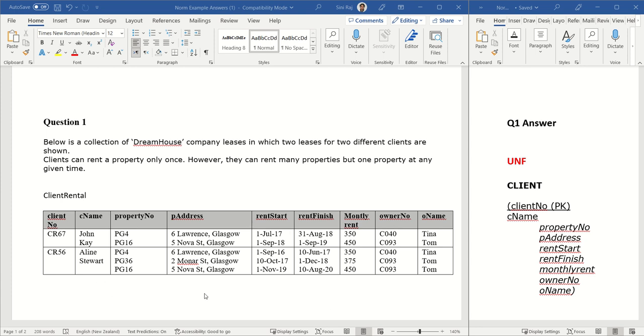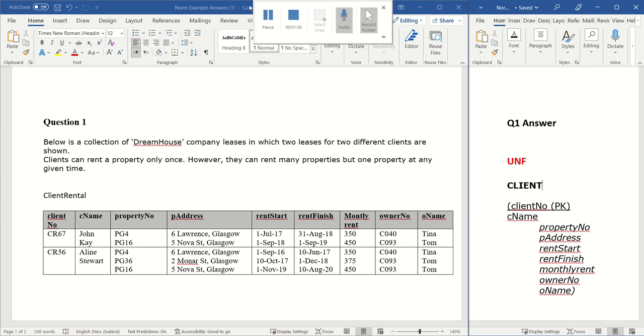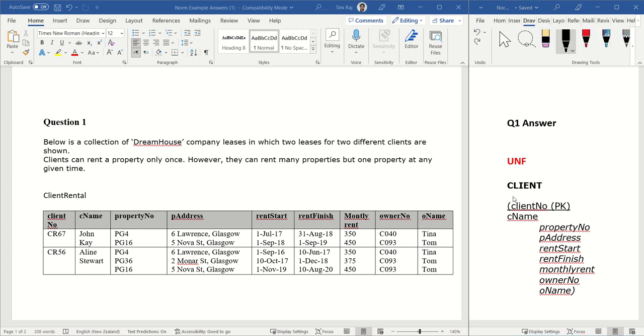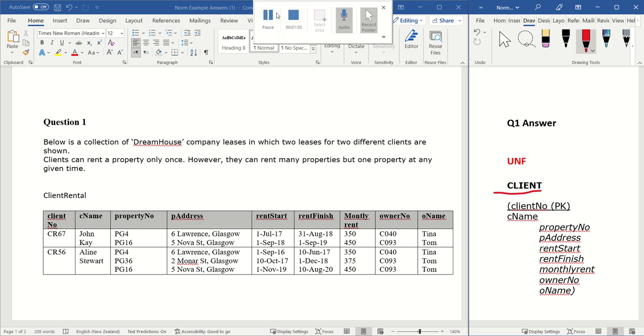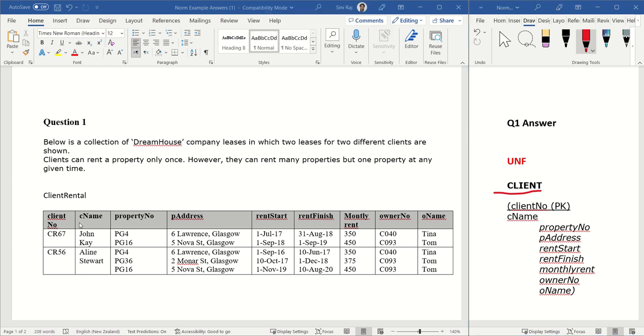The first step is, once you're given an unnormalized form, you need to identify the entity. This is mainly about a client, so we should start by thinking about a client. Here we are taking client as the entity that we have identified, and client number could be the primary key for it.